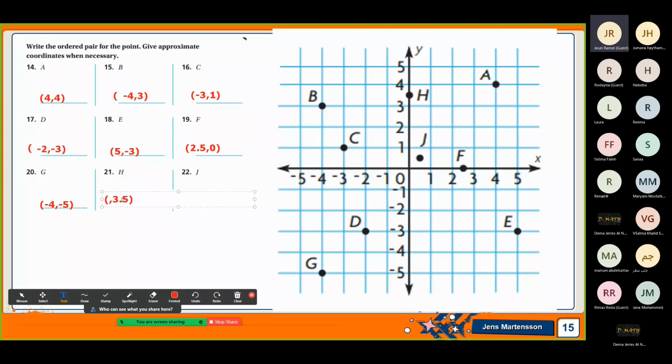It is on the y-axis. If it is on the y-axis, so x is. Mariam said zero. Bravo. If it is on the x-axis, y is 0. If it is on the y-axis, x is 0. Thank you, Jana.